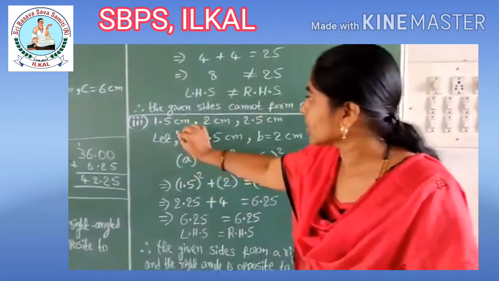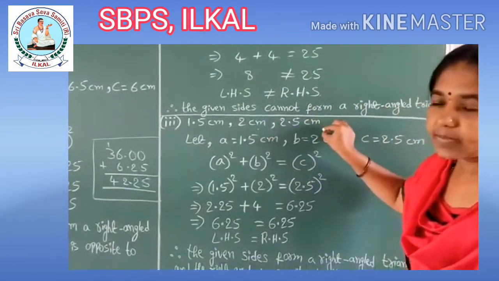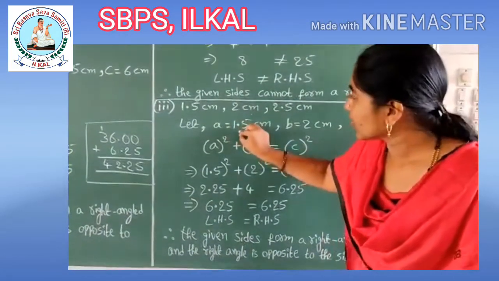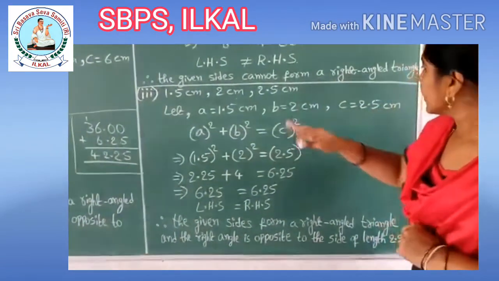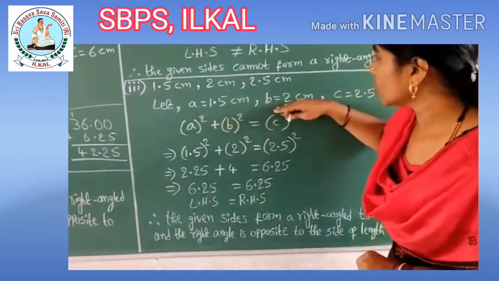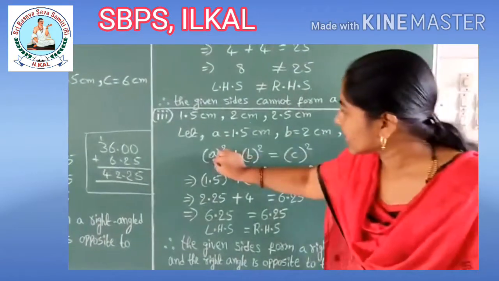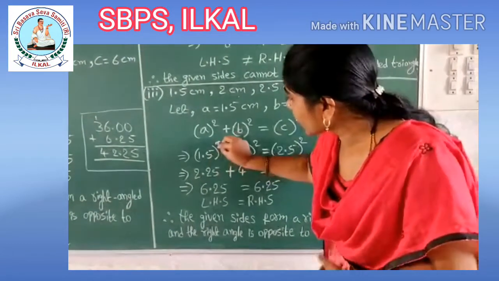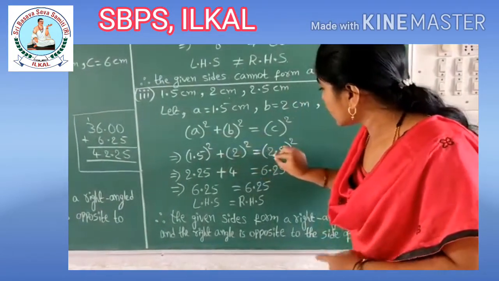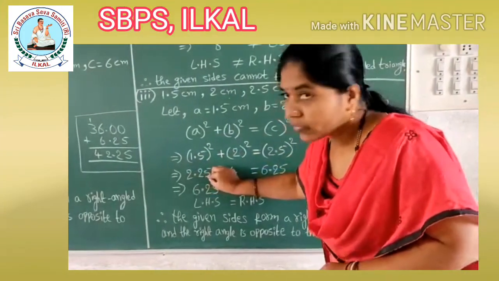Okay. Next one, 1.5 centimeter, 2 centimeter, 2.5 centimeter. A is equal to 1.5, B is equal to 2 and C is equal to 2.5. Here 1.5 and 2 are smaller values and 2.5 is a little bigger than that. Then A square plus B square is equal to C square. We can write 1.5 square plus 2 square is equal to 2.5 square. 1.5 square is 2.25, children.